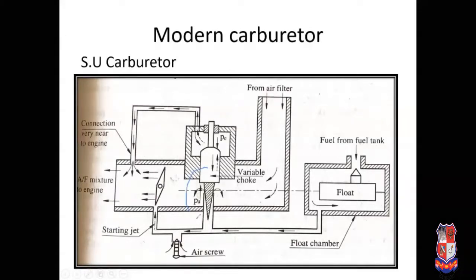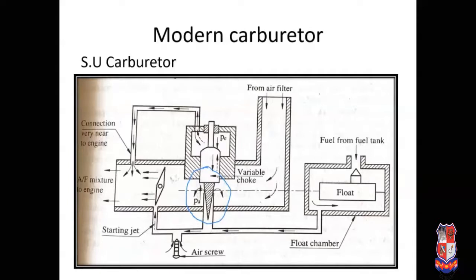Here there is an arrangement so we can get different venturi areas. In the previous Solex and Carter carburetors, the venturi area is fixed so the pressure varies. But in this case, the venturi area can be varied, so delta P remains constant.